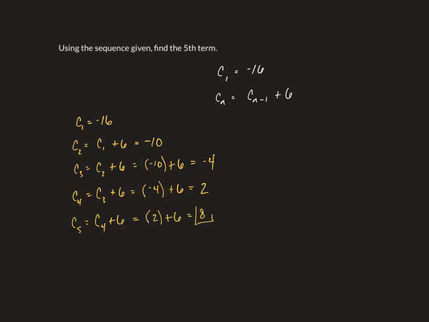So our fifth term would be 8. And if I wanted to write out this sequence, it would say negative 16, that's the first term, negative 10, negative 4, 2, 8, and that would continue. And in this case, we've got a common difference of 6, so this would be considered an arithmetic sequence, terminology that shouldn't go away.